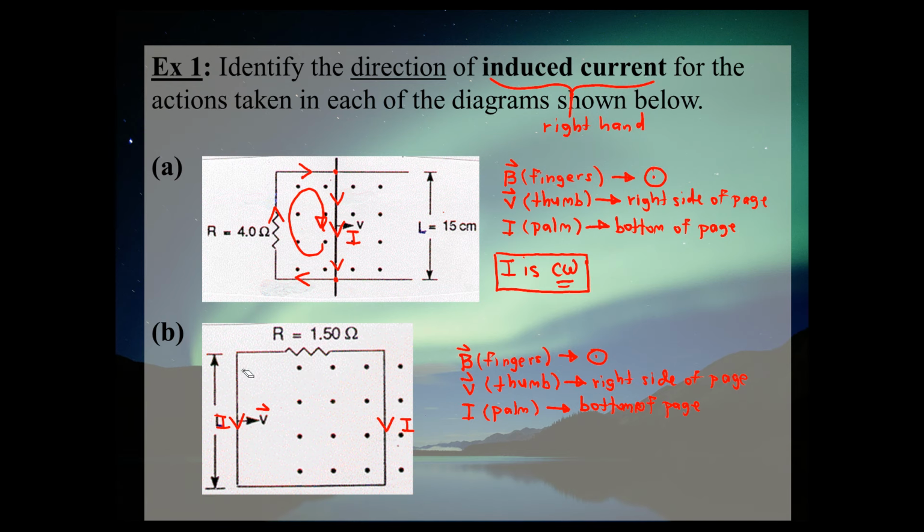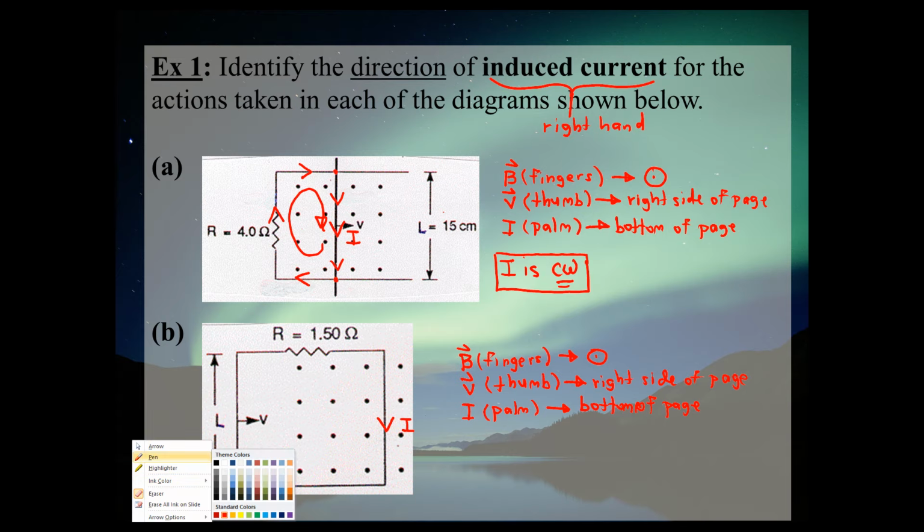Is current going to be induced on the left-hand side or the right-hand side? Well, current is only induced if you are in a magnetic field. The part of the wire that's in the magnetic field is the right-hand side. The left-hand side is not in the magnetic field, so you actually don't start off by inducing current on that side. So let's get rid of that.